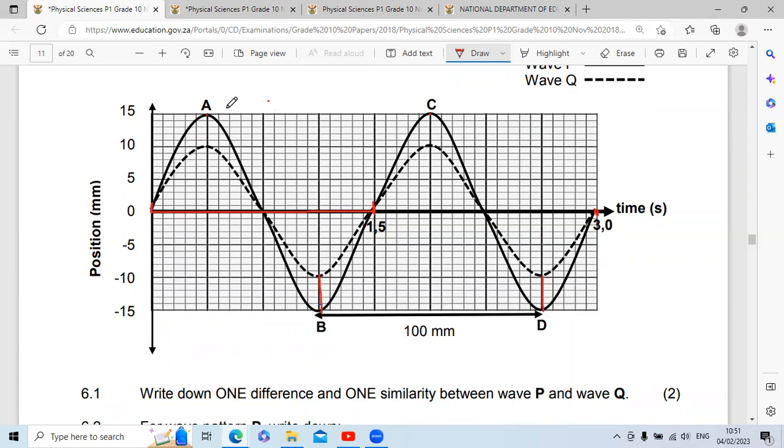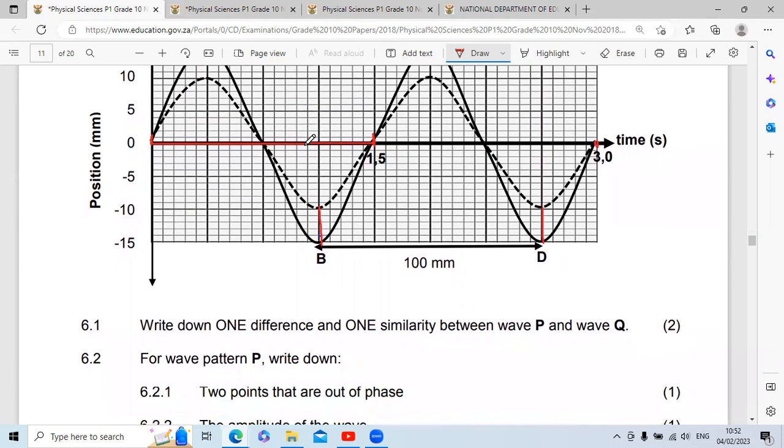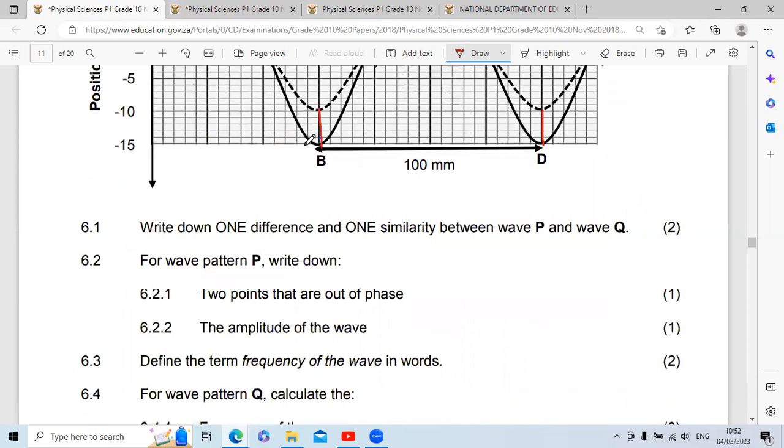And between A and C, there's one full wave. Do you understand that? Yes. Okay, so whenever you hear points that are in phase, just know that there must be one full wave between the 2 points. As I said, I'll also help you on how to identify full waves in our next session. But now let's just do this.